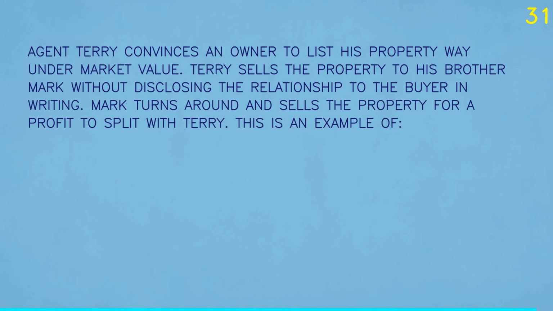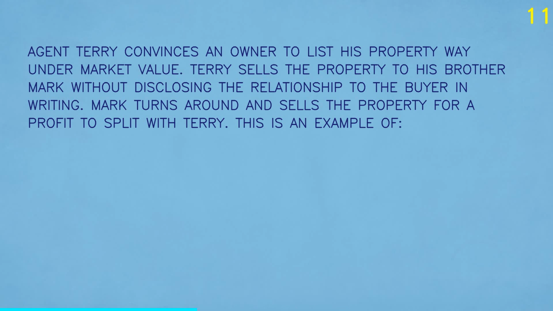Question 4. Agent Terry convinces an owner to list his property way under market value. Terry sells the property to his brother Mark without disclosing the relationship to the buyer in writing. Mark turns around and sells the property for a profit to split with Terry.